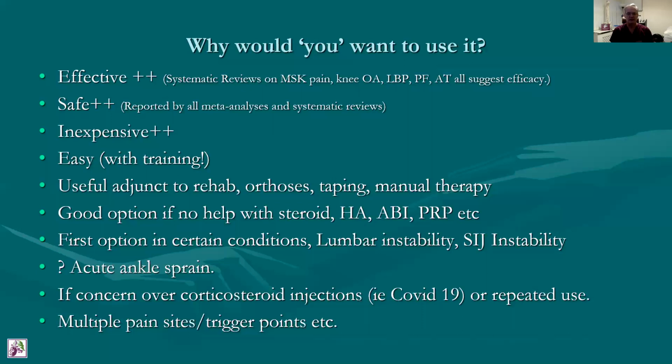Dextrose prolotherapy has a positive effect on connective tissue and pain. Patients who have multiple pain sites, such as those with Ehlers-Danlos syndrome, and people with multiple trigger points, they might have fibromyalgia, it can also be a very successful form of treatment.